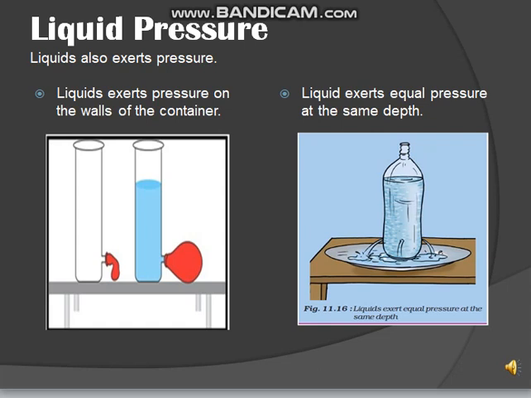In the next activity, we have to show that the liquid exerts equal pressure at the same depth. It is already clear that the pressure changes with the depth. But if we have the same depth, will the pressure exerted in different directions be the same or different? That we have to see.